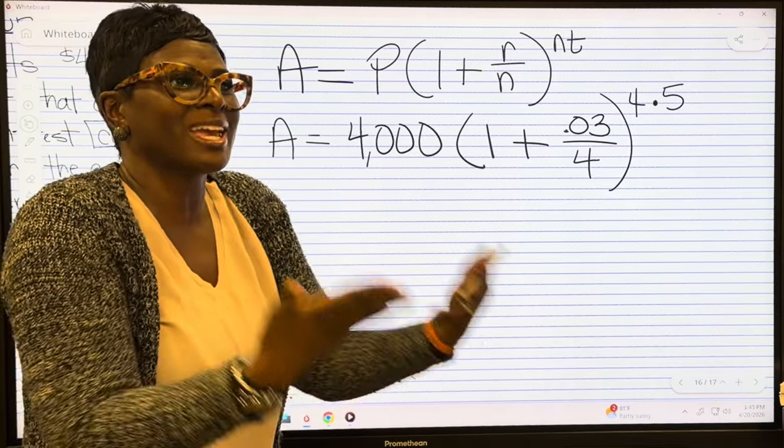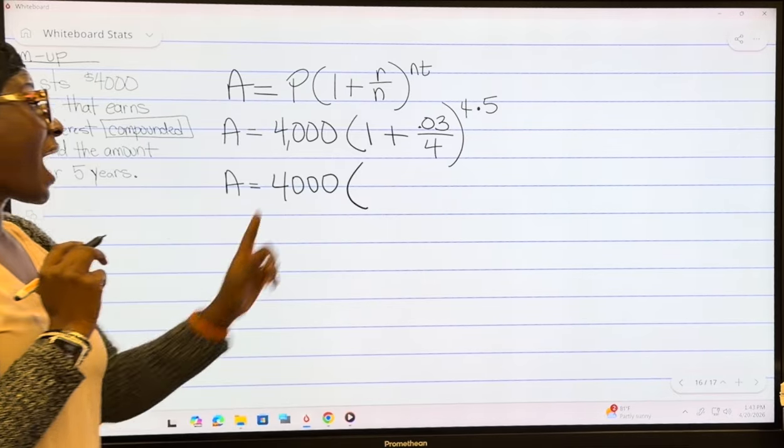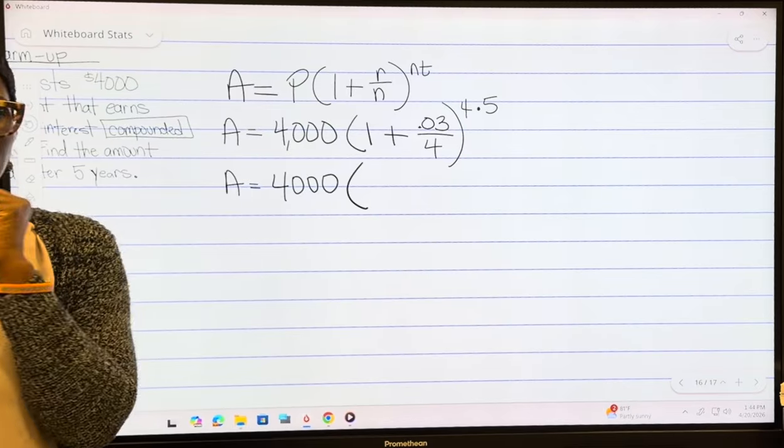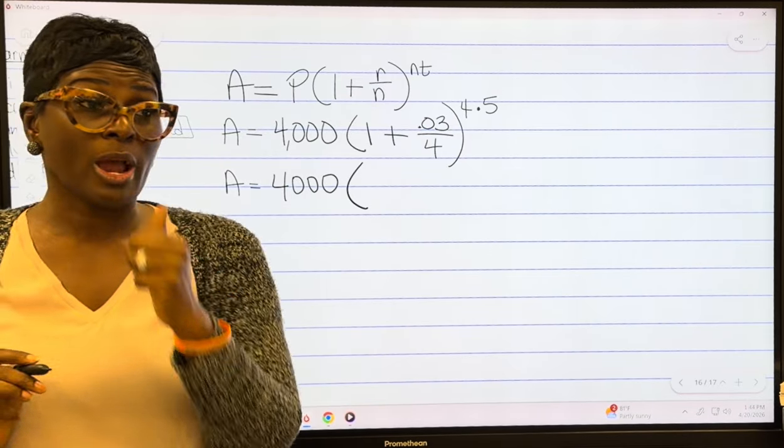A equals. Now, you can't forget all the math you've ever learned. You have to remember your math, right? According to PEMDAS, what are we supposed to do first? Parentheses. So I'm going to just bring this 4,000 down because I can't touch it right now. And then in parentheses, I have 1 plus 0.03 divided by 4. What am I going to do first in the parentheses? Division. So grab your calculators.